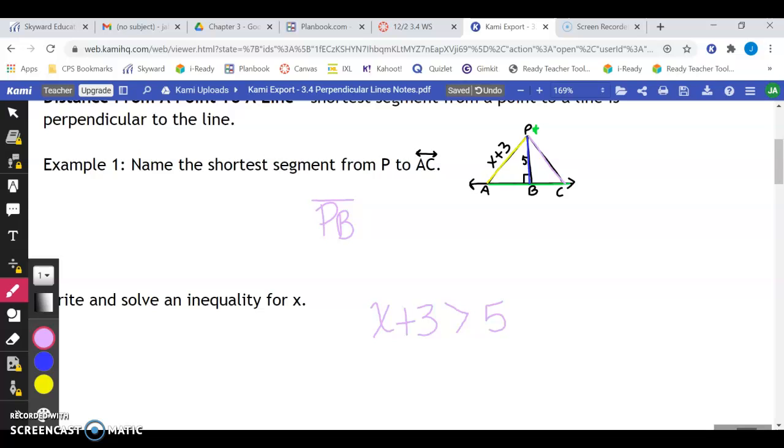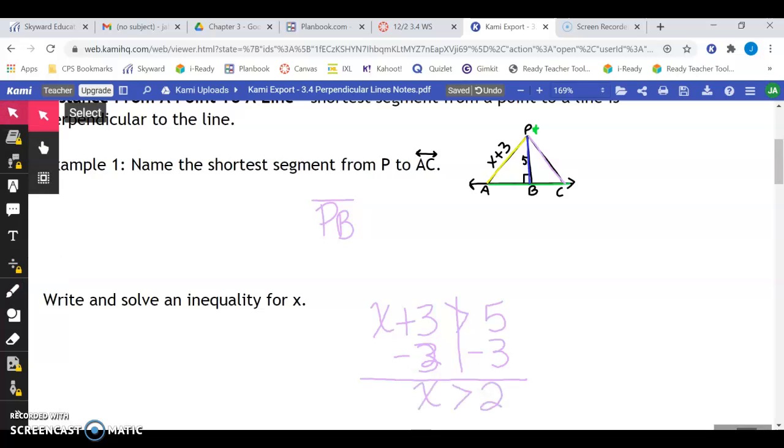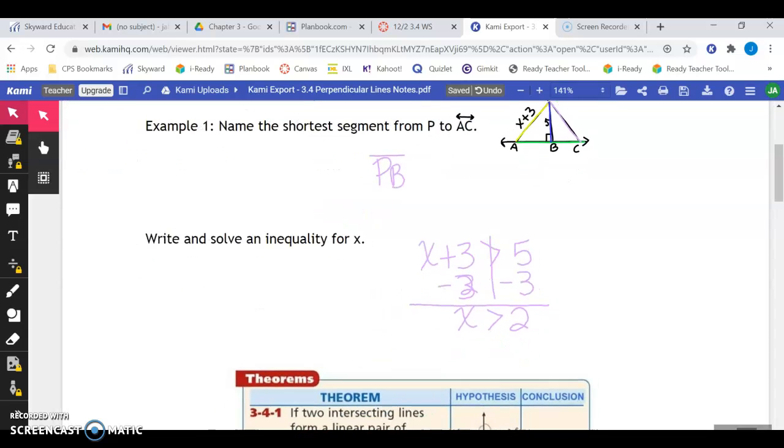The yellow has to be longer. So x plus 3 is greater than 5. That's what I know. So then we're going to solve this inequality. So, not a 2, a 3. We're going to minus 3. And so that would be x is greater than 2. So we wrote the inequality, we solved it. X has to be greater than 2 in this case.